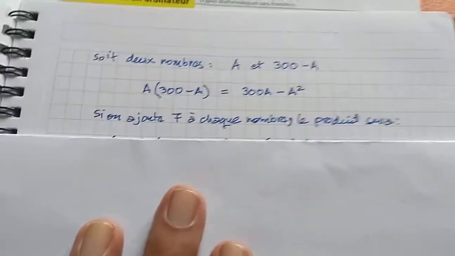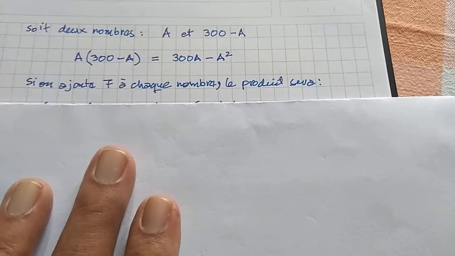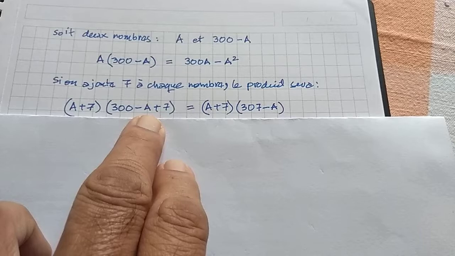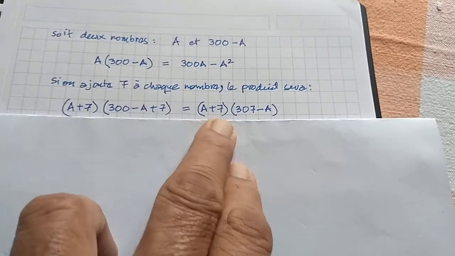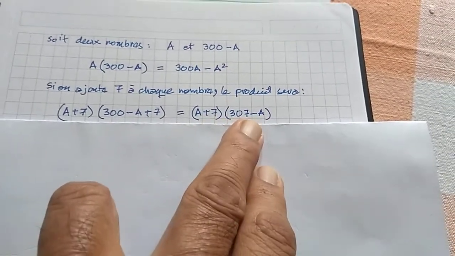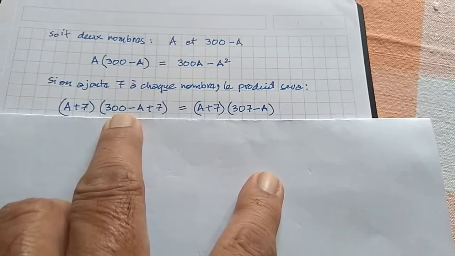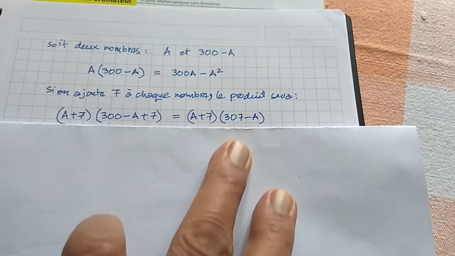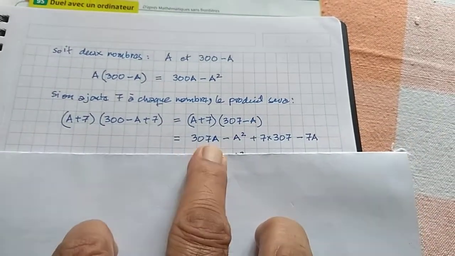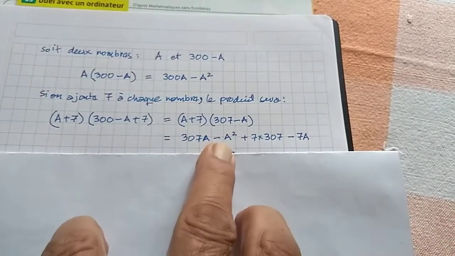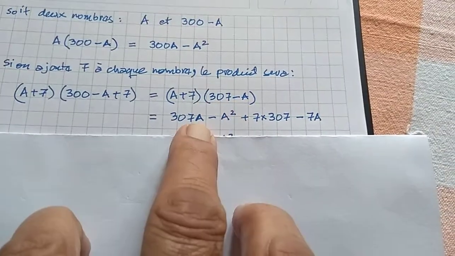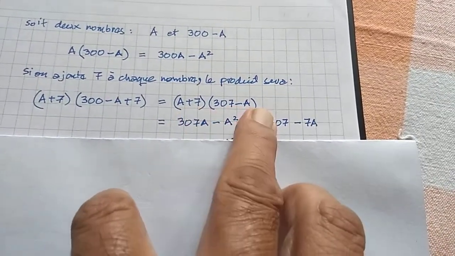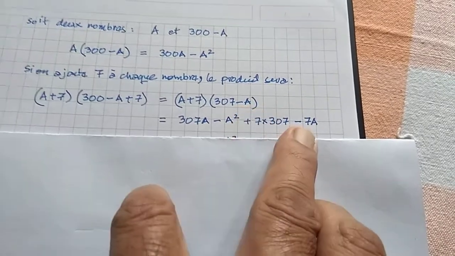Okay. Si on ajoute 7 à chaque nombre, le produit sera A plus 7, and then you have to add 7 to this, 300 moins A plus 7, which is equal to A plus 7 fois 307 moins A, because here 300 plus 7 you can add, gets 307 minus A. When you multiply this and develop it, you'll get 307A, then moins A carré, then 7 fois 307, moins 7A.